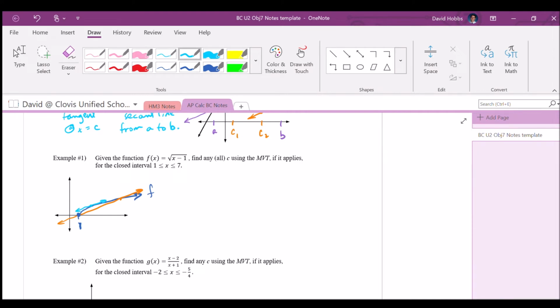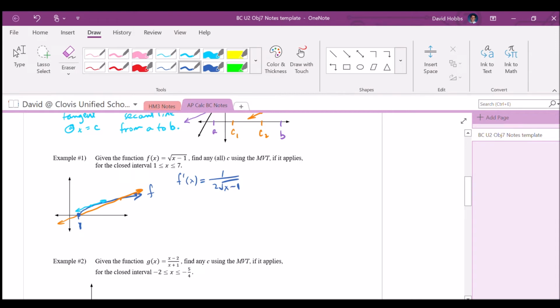So let's remind ourselves: the slope of the tangent line at c is the derivative. So f prime is 1 over 2 root x minus 1, and the derivative of the guts is 1. So there's my slope of the tangent line for any value of x.